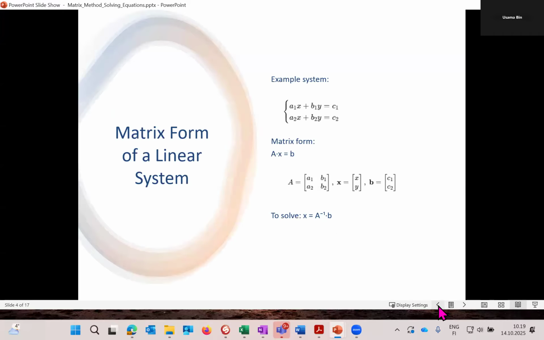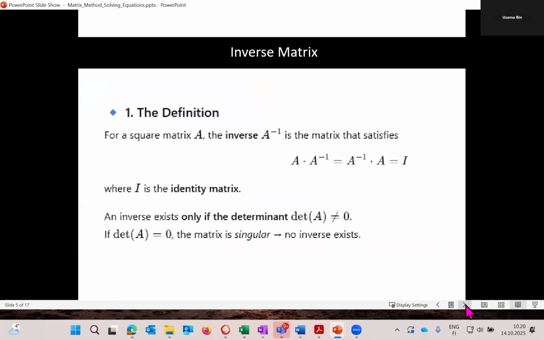It was to solve the X. So then I could multiply the answers with the inverse matrix, and I would finally have the solutions for X and Y.